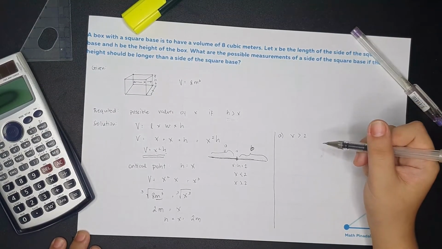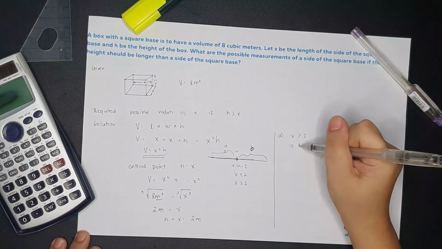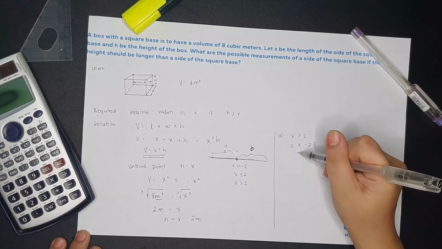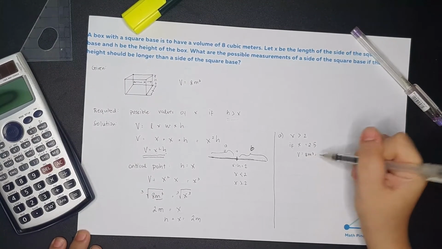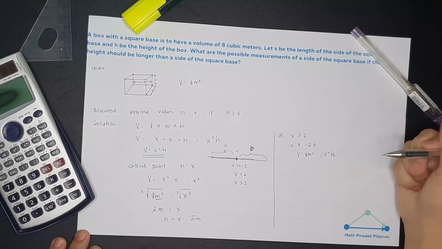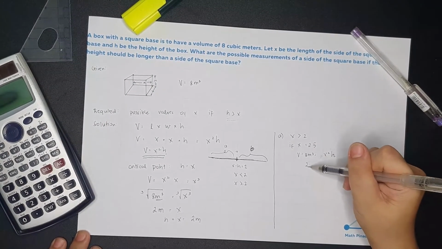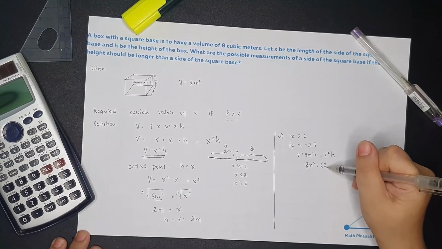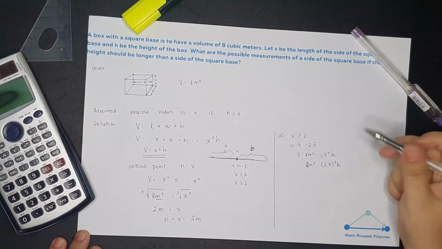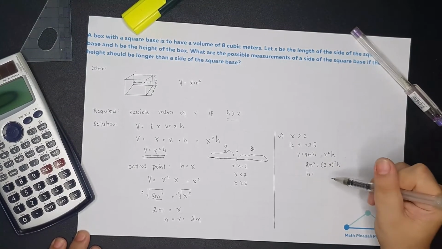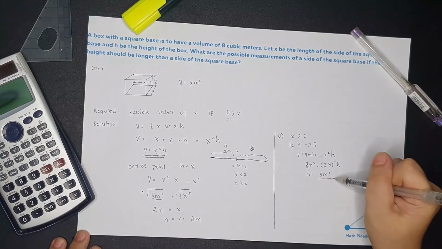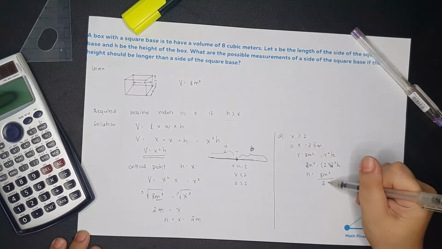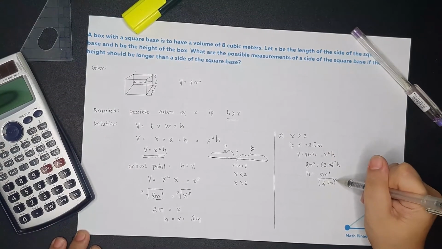So, for example, 2.5. If x is equal to 2.5, then the volume, 8 cubic meters, is equal to x squared h. Then 8 cubic meters is equal to 2.5 squared h. So the value of h here is equal to 8 cubic meters divided by 2.5 meters squared.